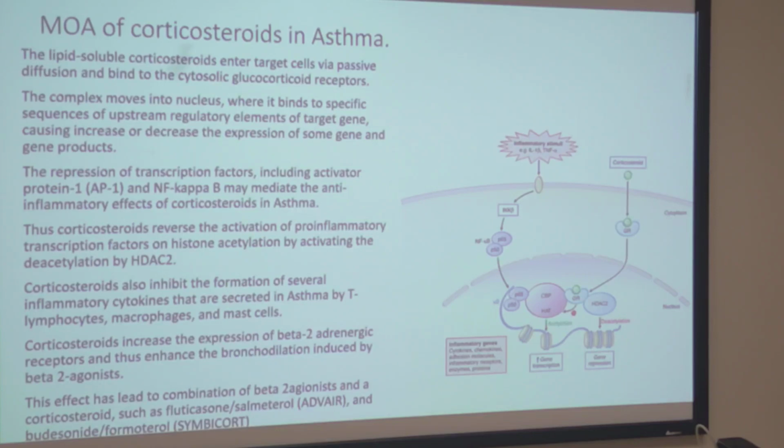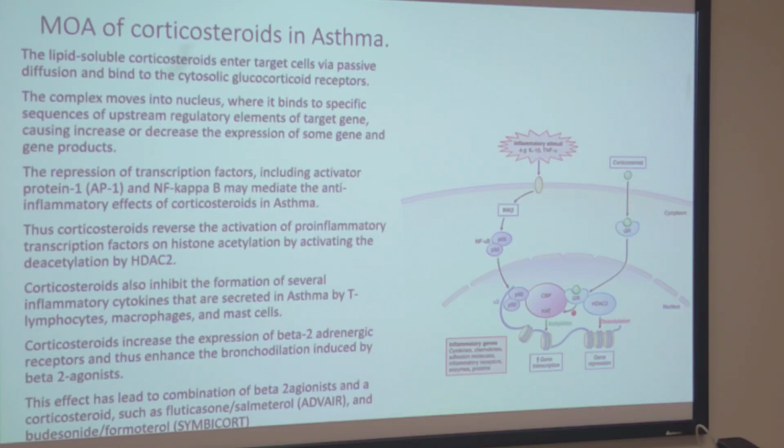Then what happens? More beta-adrenergic receptors means if there are more beta-adrenergic agonists, you increase the bronchial dilation. So that's what corticosteroids would do.